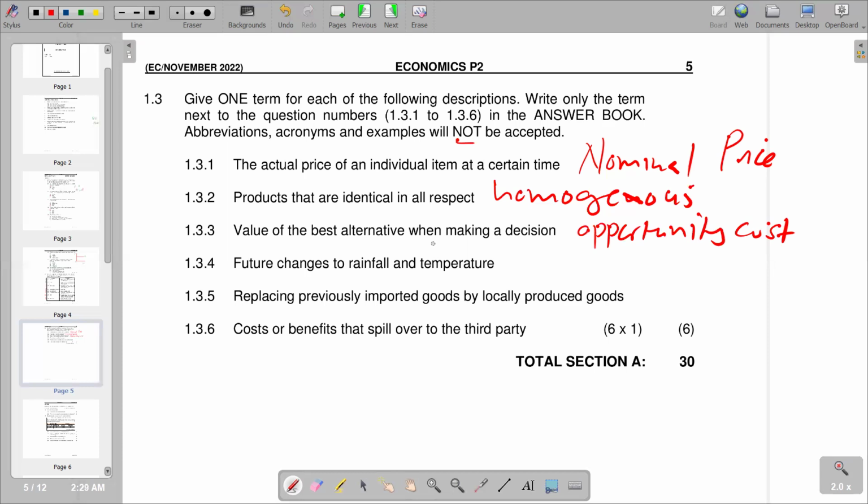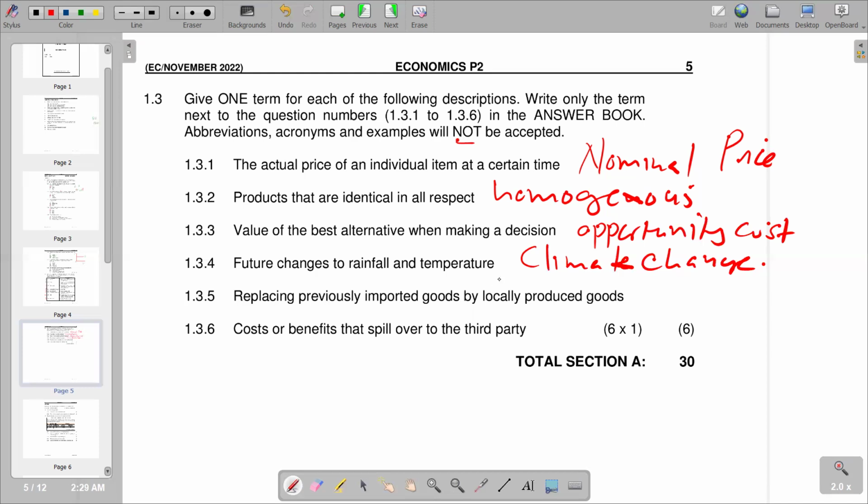And we go to the next one, future changes to rainfall and temperature. We always know that this is in relation to the explanation of climate change. So we have climate change. And then 1.3.5, replacing previously imported goods by locally produced goods. We were previously importing these goods, and now we are producing them locally.